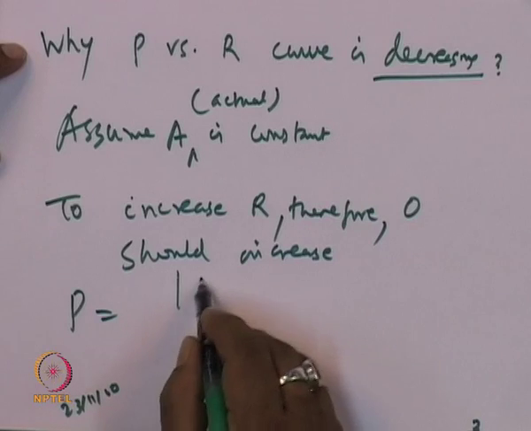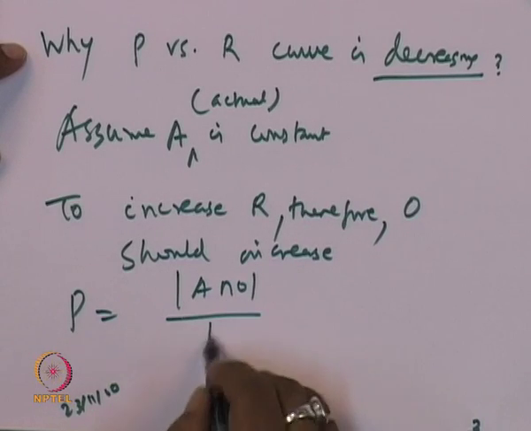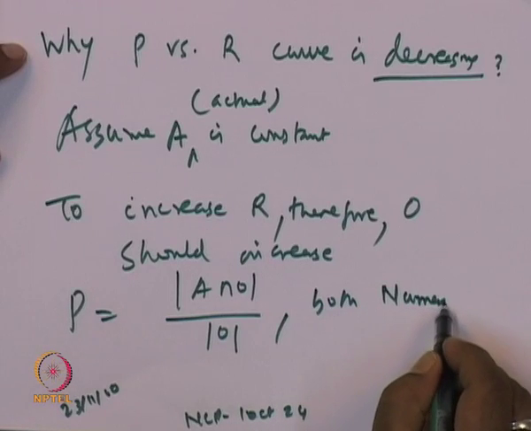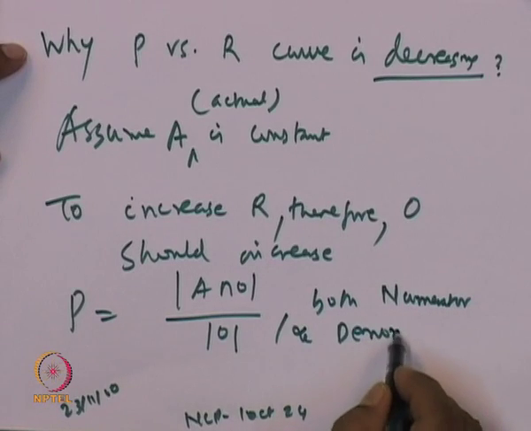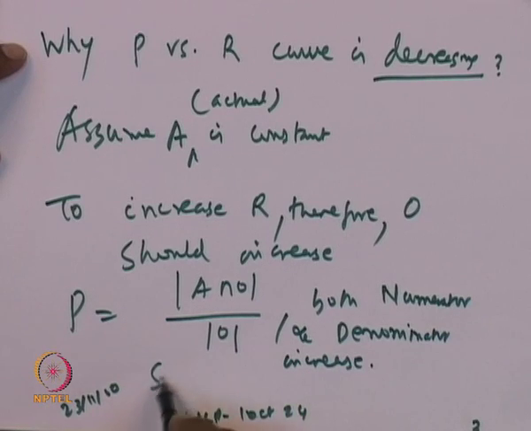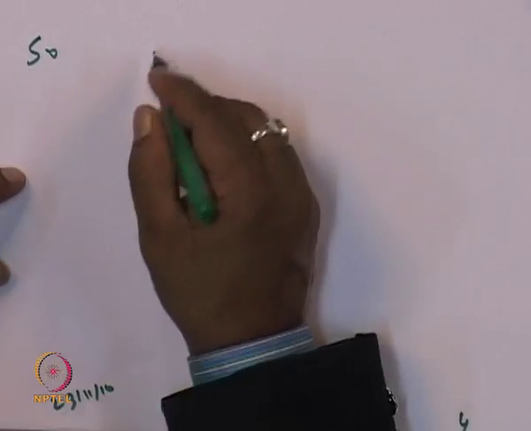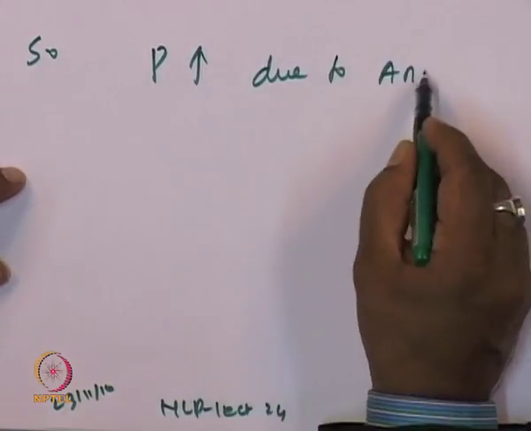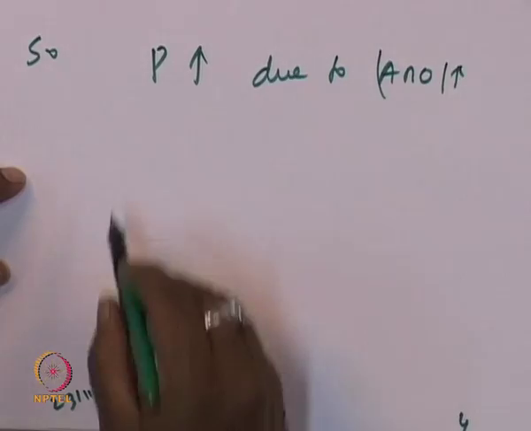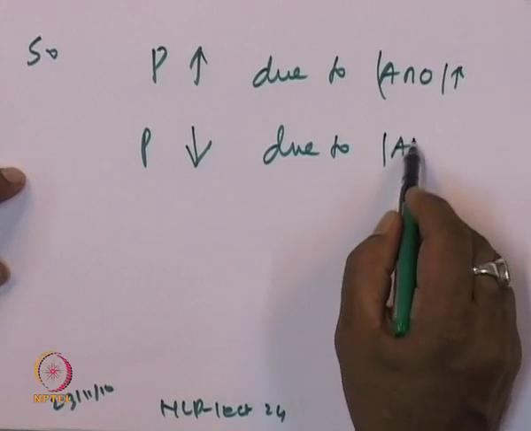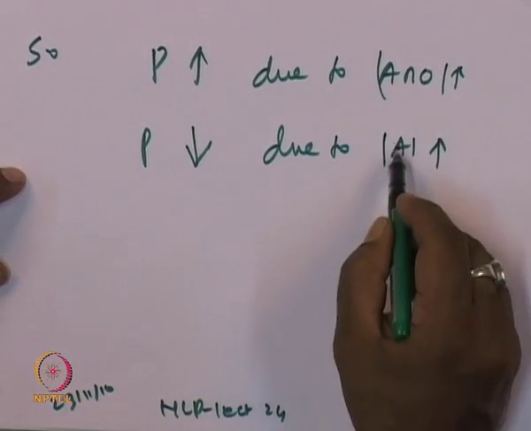So, P is A intersection O by O, and both numerator and denominator increase. P goes up due to A intersection O going up, and P goes down due to O going up.